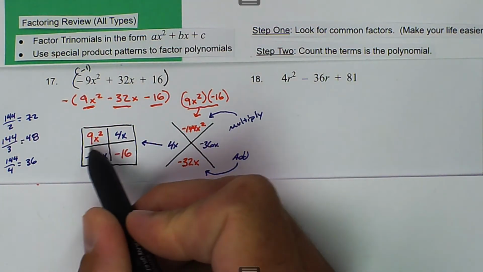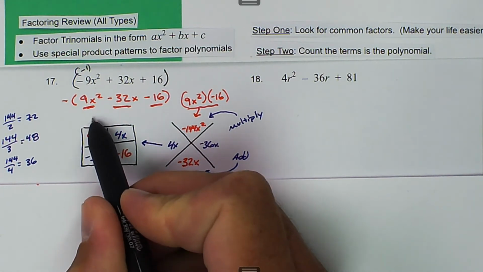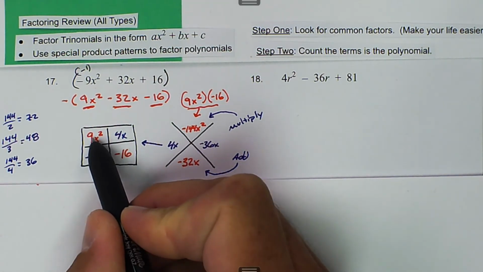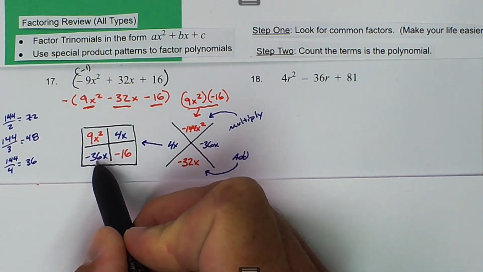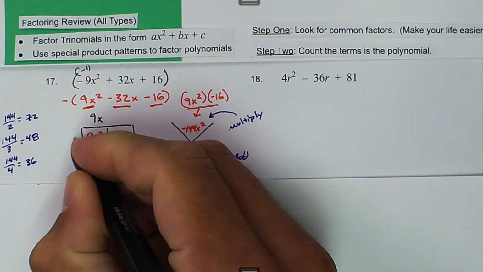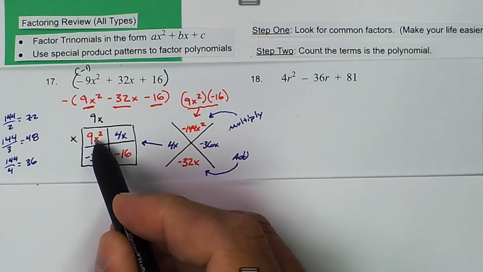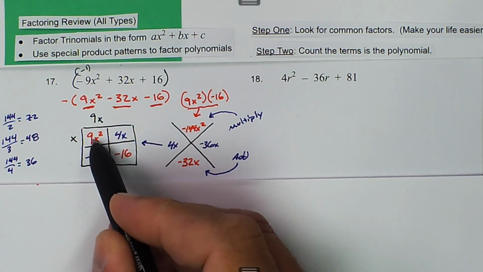So now we have an algebra tiles situation where we have two numbers that multiply to make this box right here, and eventually this number is going to have to multiply to this one. So I'm going to try 9x and x. 9x times x is 9x squared.